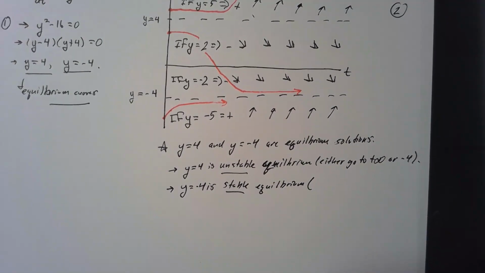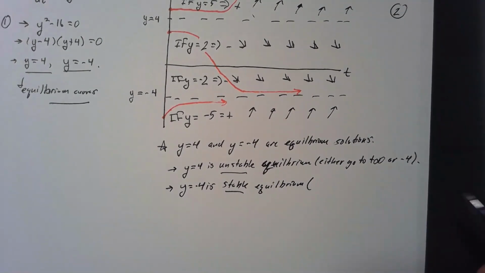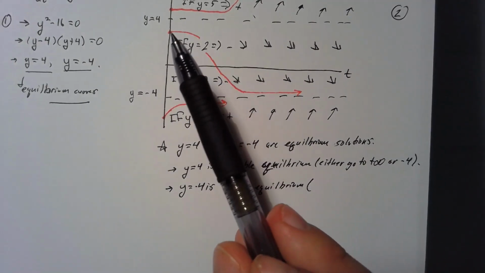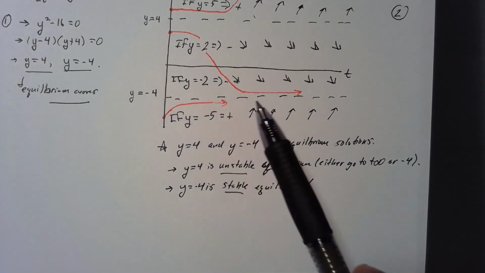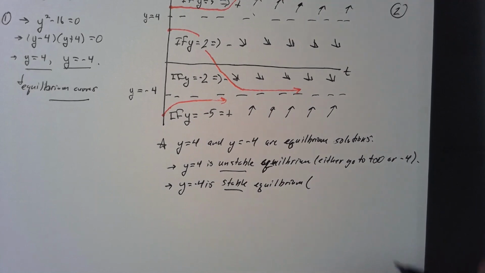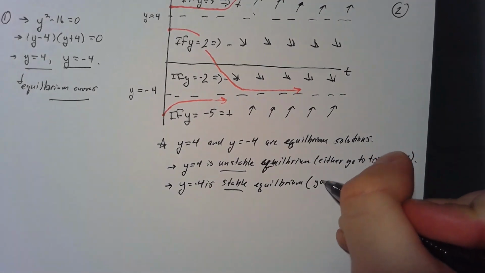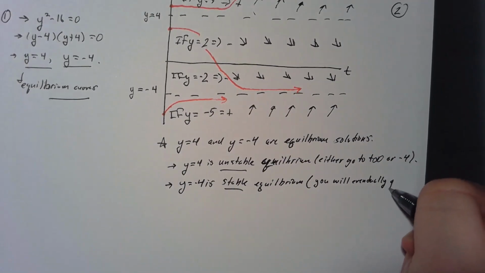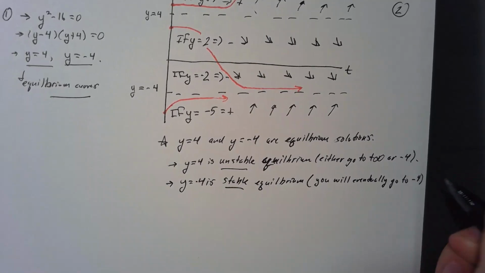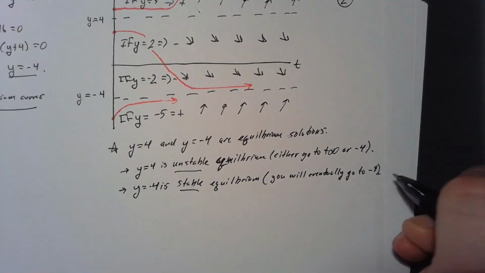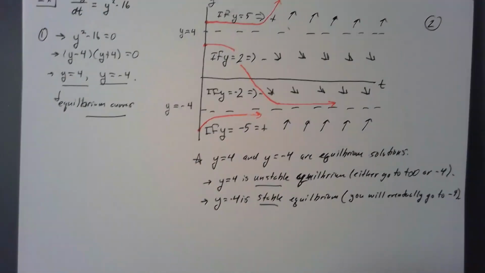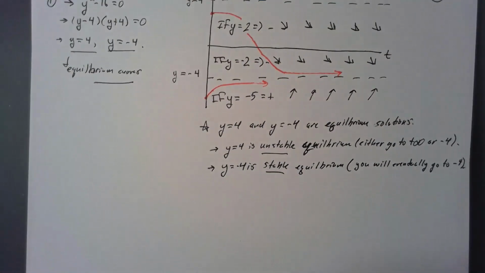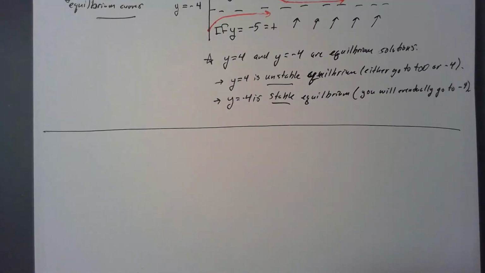All right? So if you're bumped off this point right here, it doesn't matter if you're bumped off up here or down here, you're going to eventually converge to -4. So that's a good way to summarize the behavior of the solutions to this differential equation. So, when it comes to making slope fields, that's the general idea.